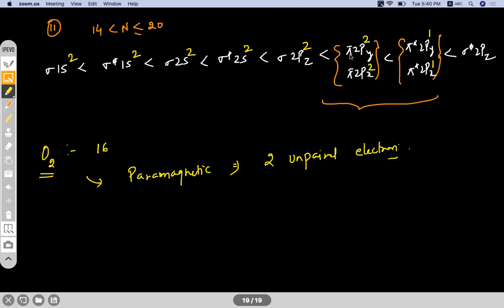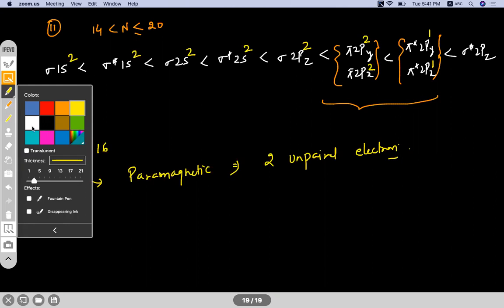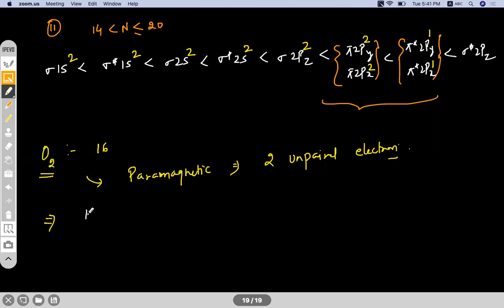Okay, now the next thing, and all these things are important for exam point of view. We can also calculate the bond order of the molecule with the help of molecular orbital theory. Okay, by the way, what is bond order? How do we define it? It is the number of bonds between the two atoms in a molecule.